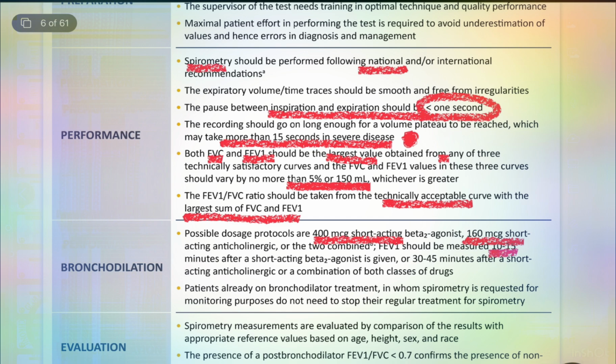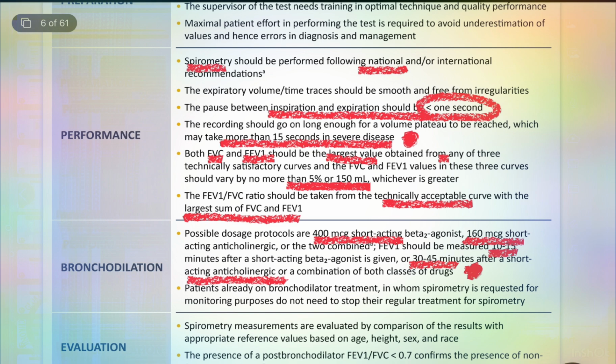Very, very important thing: we should measure after 10 to 15 minutes of giving short acting beta agonist, and after 30 to 45 minutes after short acting anticholinergic. Very, very important, because we remember this 10 to 15 minutes, but we do not remember this 30 to 45 minutes. And they are telling after a combination of both classes of drug, we should also perform after 30 to 45 minutes.